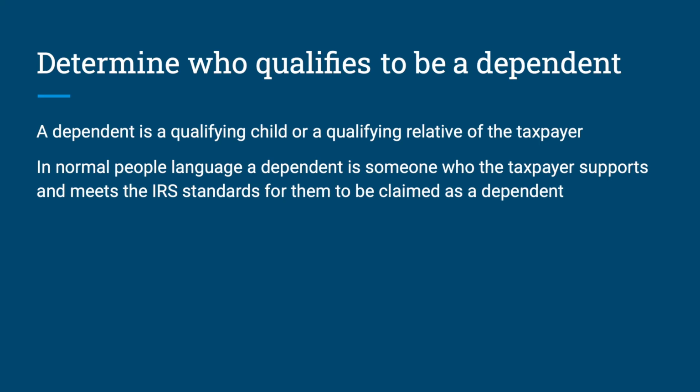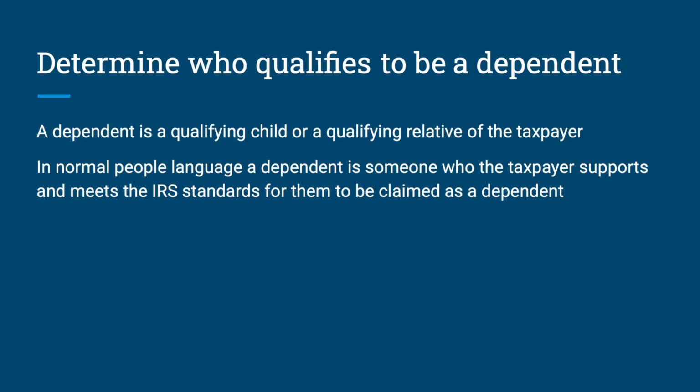Their definition is a dependent is a qualifying child or a qualifying relative of the taxpayer. Okay, that probably is not the most helpful for everyone if you do not know what a qualifying child or a qualifying relative is. And so, in normal people language, a dependent is basically someone who the taxpayer supports, and they additionally meet the IRS standards for them to be claimed as a dependent.